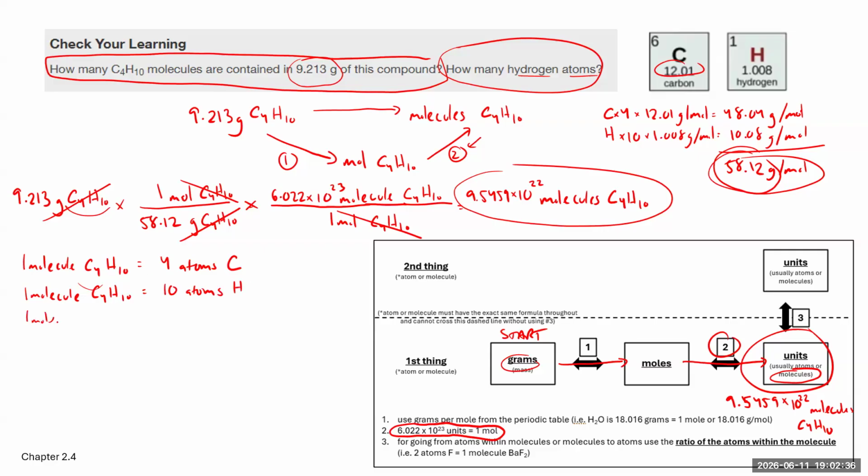If we have 1 molecule of C4H10, how many total atoms do we have? Well, 10 plus 4 is 14 atoms. But this is what we're going to use for our conversion rate now. All right, let's do that.